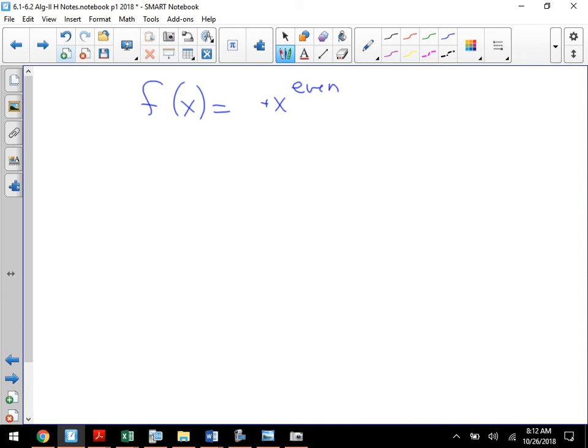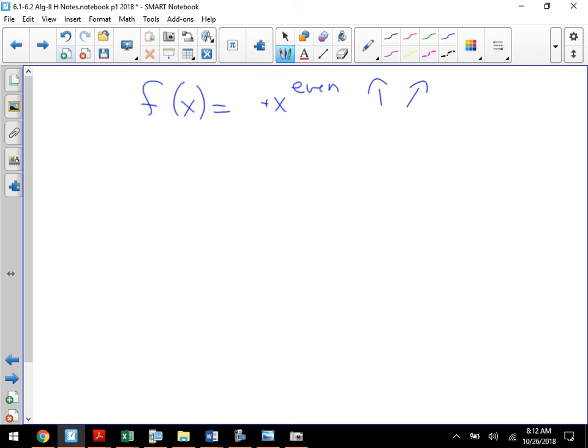Always think of these as easy as possible. If it's positive x, you're down, up. If it's x squared positive, you're up, up. That's the idea. No matter what, your tails will be up, up.